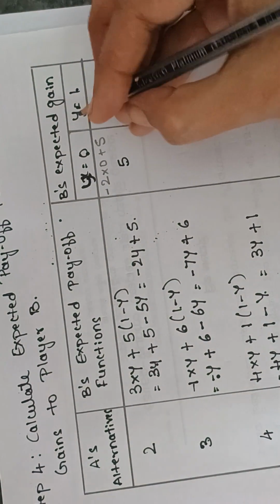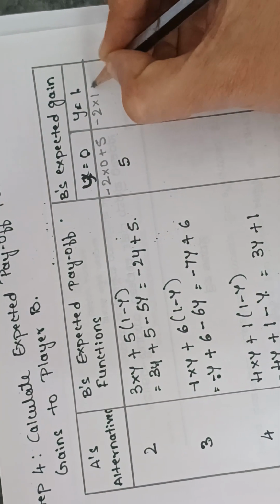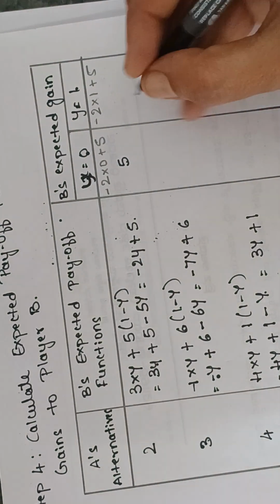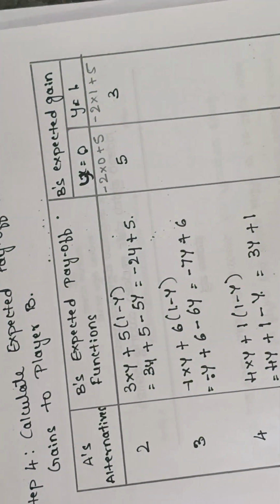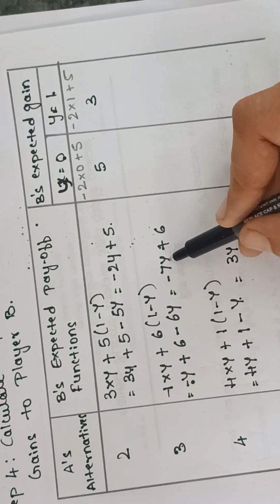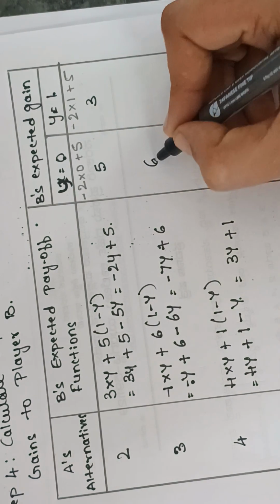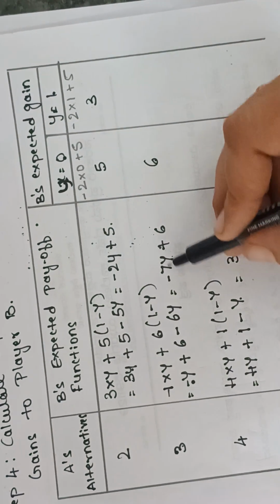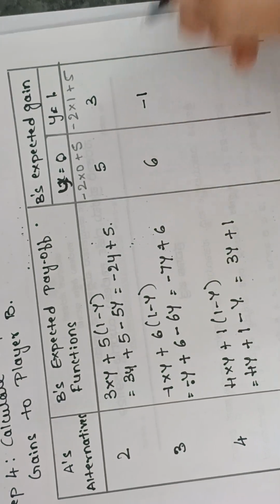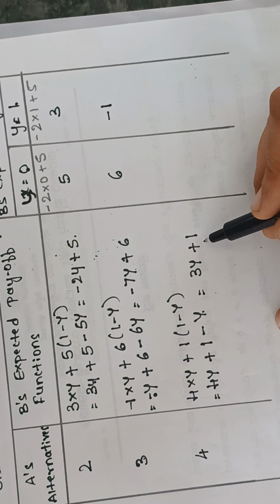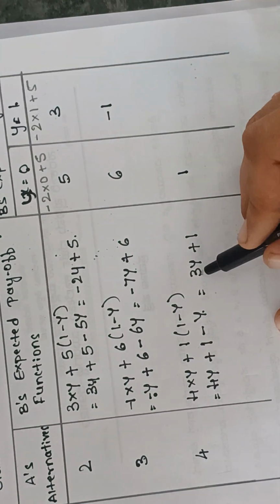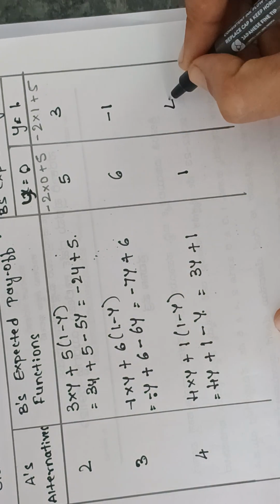And minus 2 into 1 plus 5 will give us minus 2 plus 5, that is 3. So likewise we will do it for all. Let us assume y as 0. So minus 7 into 0 will be 0 plus 6 will be 6. Then minus 7 into 1 will be minus 7 plus 6 will be minus 1. Same way for the last one. 3 into 0 will be 0 plus 1, 1. 3 into 1 plus 1 will be 4.